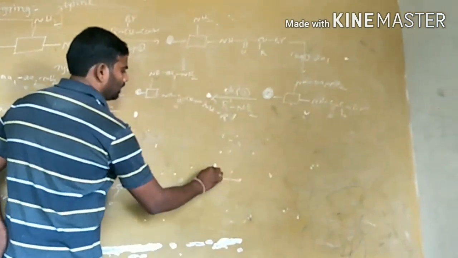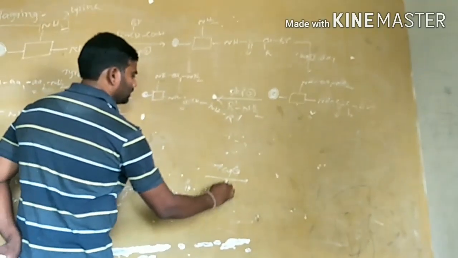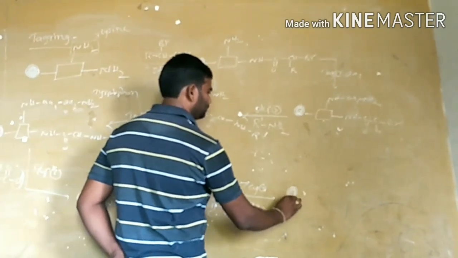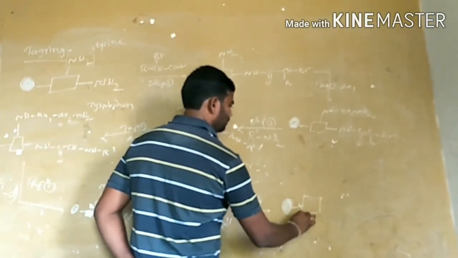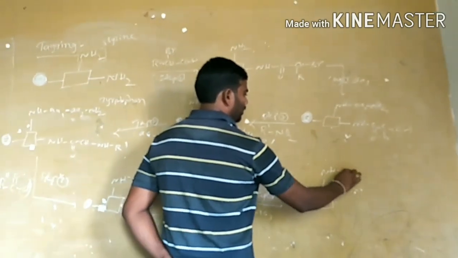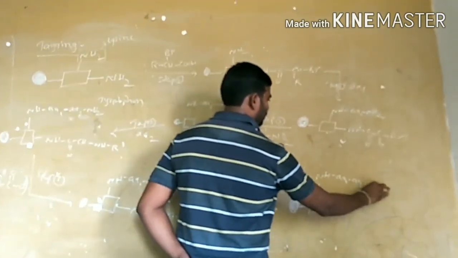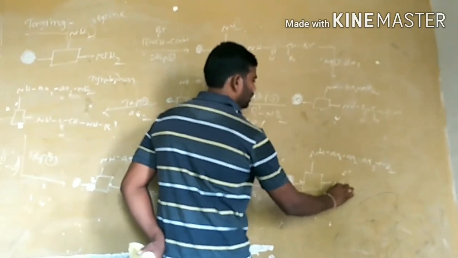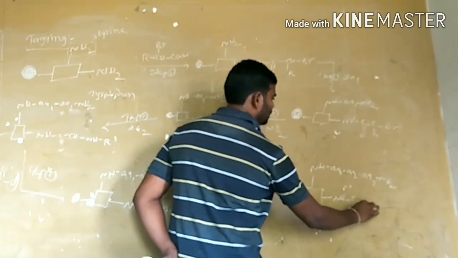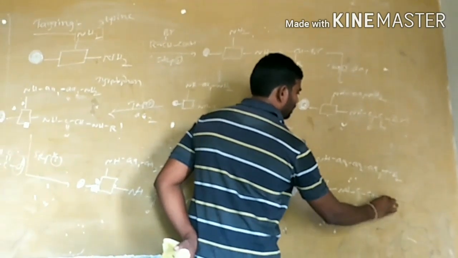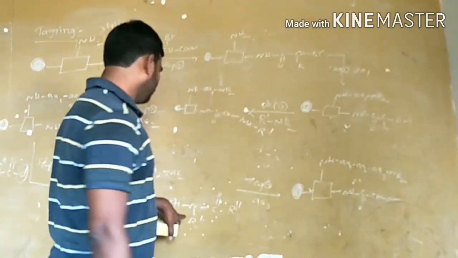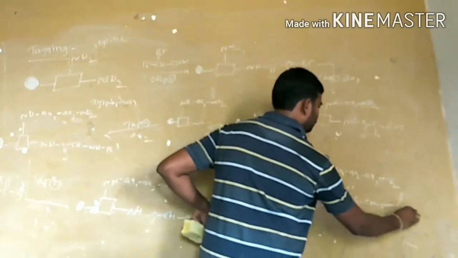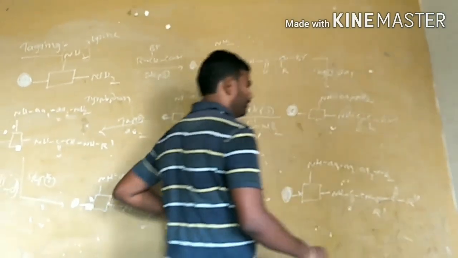Next, tag 3, this is amino acid 3 is added. This NH, amino acid 1, amino acid 2, amino acid 3, NH2. For this NH, there is CO, CH, this is N, R dash, CO, R double dash.